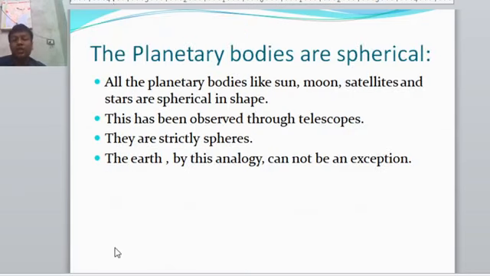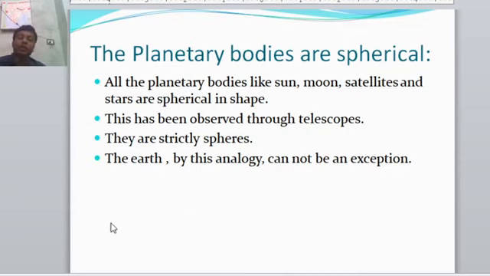Now, moving towards another evidence, we have that planetary bodies are spherical. Definitely, if you look through a telescope, you find that the many heavenly bodies in the sky are spherical. All planetary bodies like the sun and moon, you can easily see all the time.